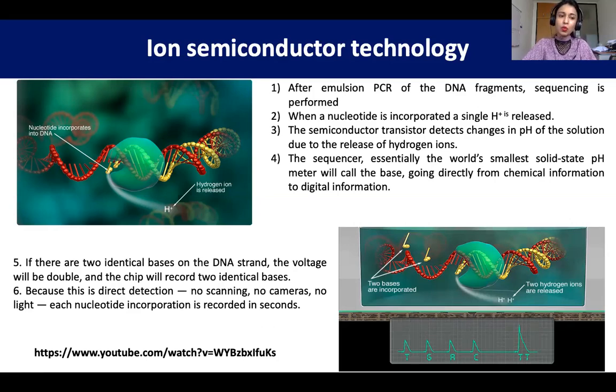What happens is the voltage will double, right? Because it detects release of two protons, the voltage doubles, and it gets detected. And it's actually a direct detection where there's no scanning involved, no cameras at all, and no light is involved. I've also given a YouTube link here which you can go and watch later, which explains how this works.